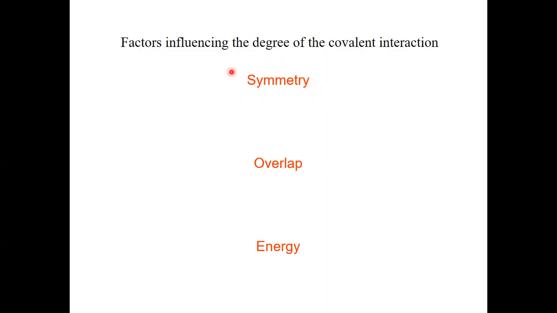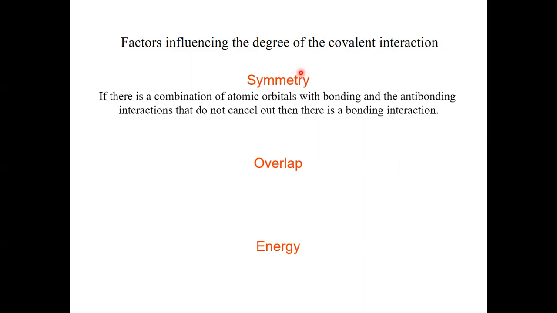So only when the molecular orbitals are correctly oriented to each other, then there can be a covalent interaction between them, and we can form molecular orbitals. Okay? In fact, the orbitals must be oriented so that the bonding and the antibonding interactions between them do not cancel out.